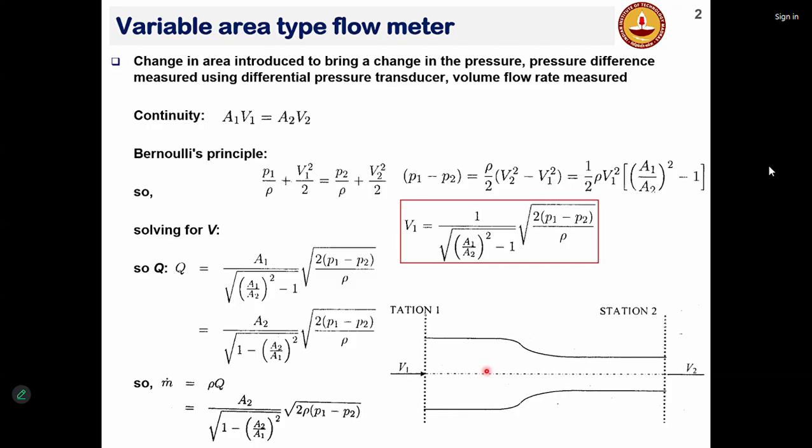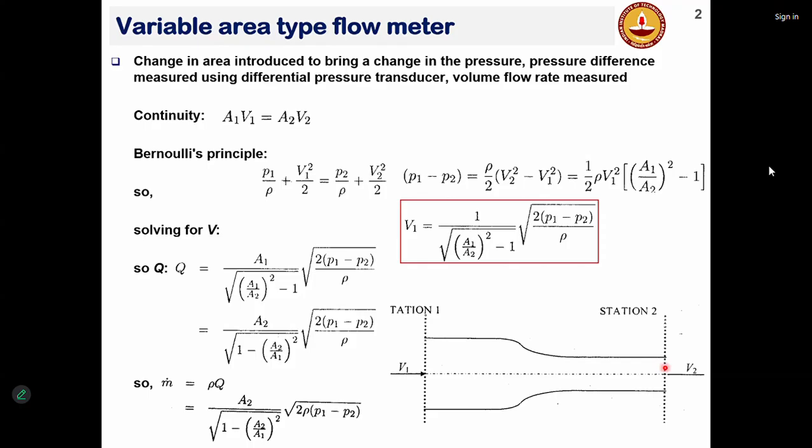Now, if we apply Bernoulli equation between station 1 and station 2, we know that from Bernoulli equation, the pressure head plus velocity head plus the datum head is constant. And let's assume that station 1 and station 2 are in the same datum.